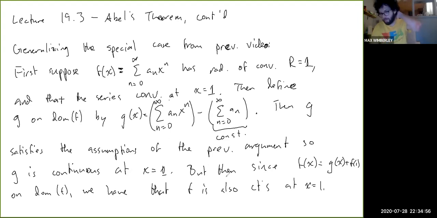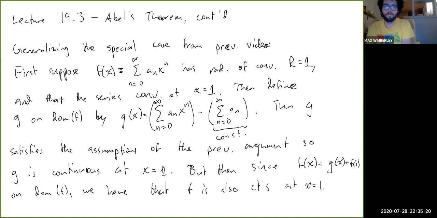Okay, very simple. Honestly, I probably didn't have to make such a to-do about it, but I wanted to lay this out very carefully for you guys. So what this allows us to do now is for any power series with radius of convergence 1, if it converges at x equals 1, then we know it's continuous there, regardless of what the value is.